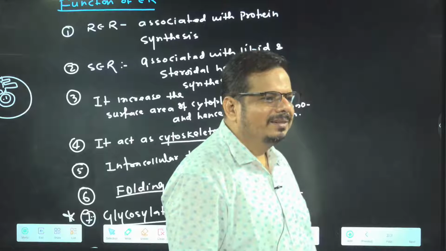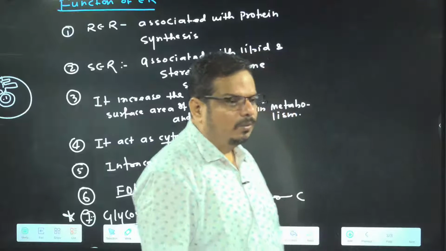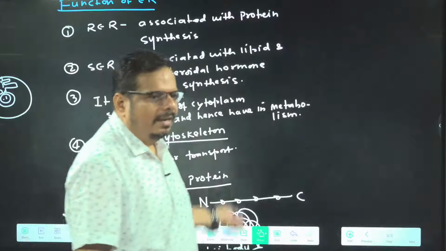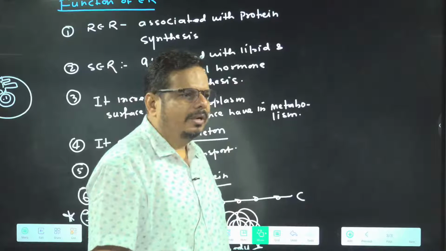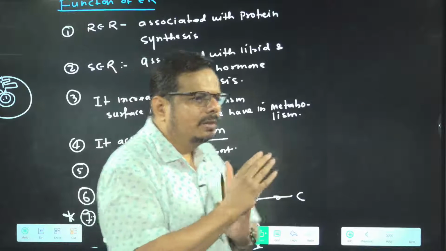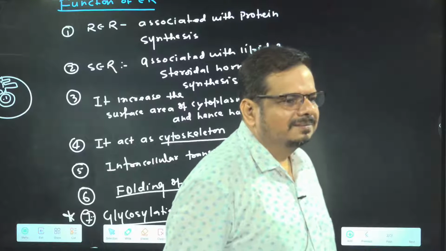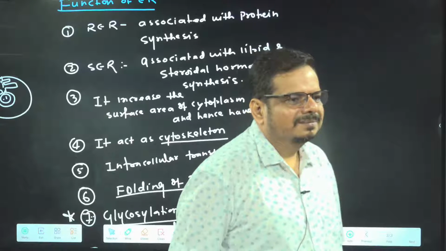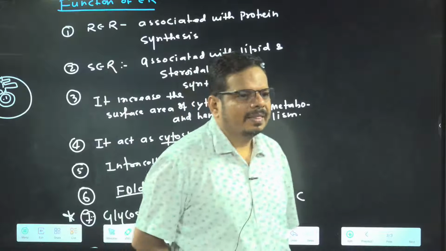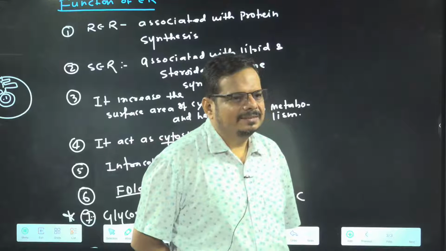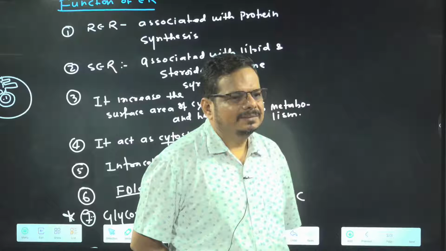Who is in the options? ER is in the options. And usually with these two cell organelles, endoplasmic reticulum and Golgi body, the examiner crosses the boundary of the NCERT. Getting the things or not? Right? Is it clear? Done?